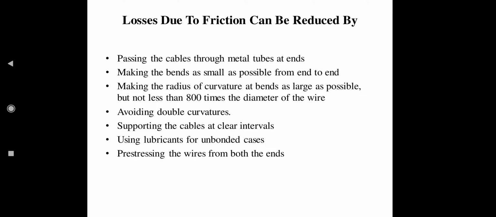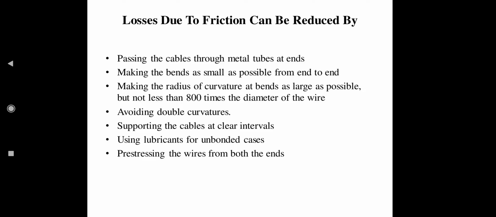And now, how can we reduce the losses due to friction? Losses due to friction can be reduced by taking some precautionary measures. So what are those measures? Passing the cable through metal tubes at the ends.